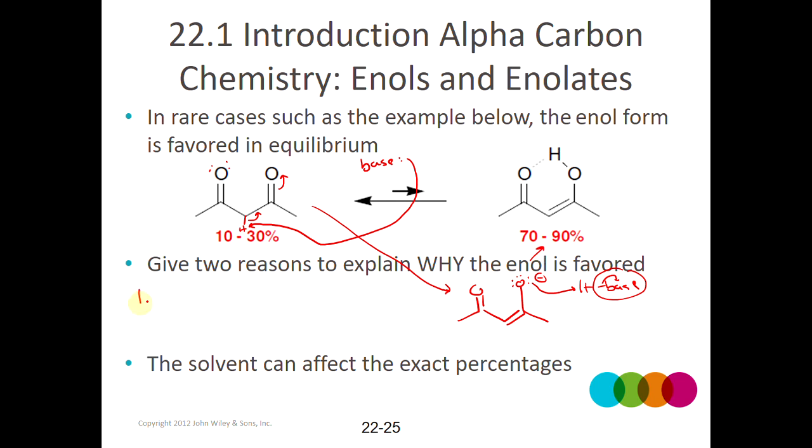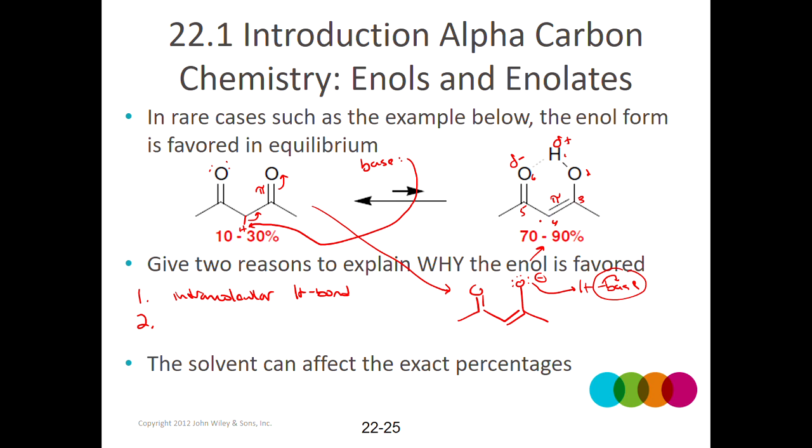So there are two reasons why this one favors the product, even though the carbon-carbon pi bond is usually not as stable as a carbon-oxygen pi bond. One is there's an intramolecular hydrogen bond. The large partial negative and large partial positive, and there's 1, 2, 3, 4, 5, 6 atoms.